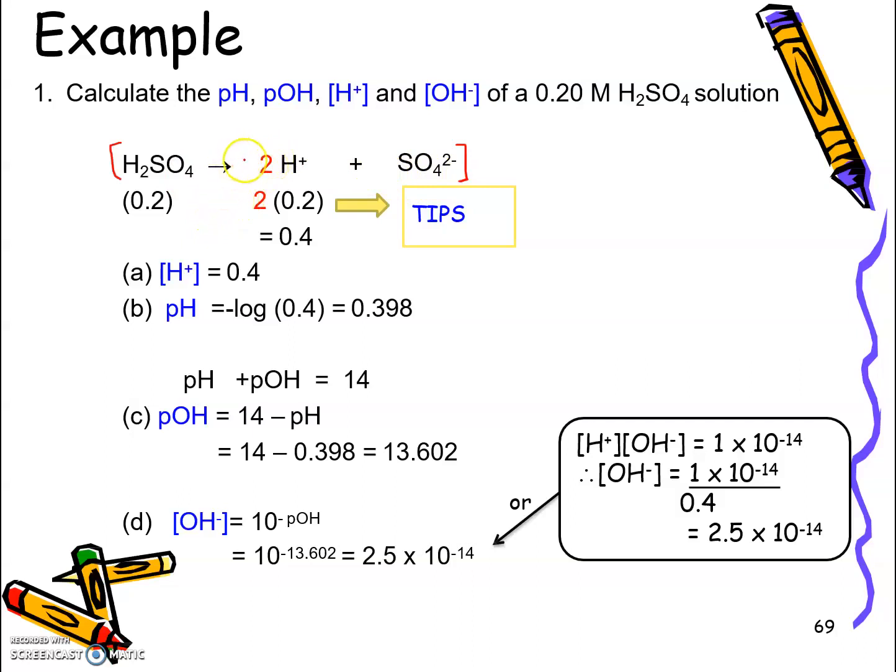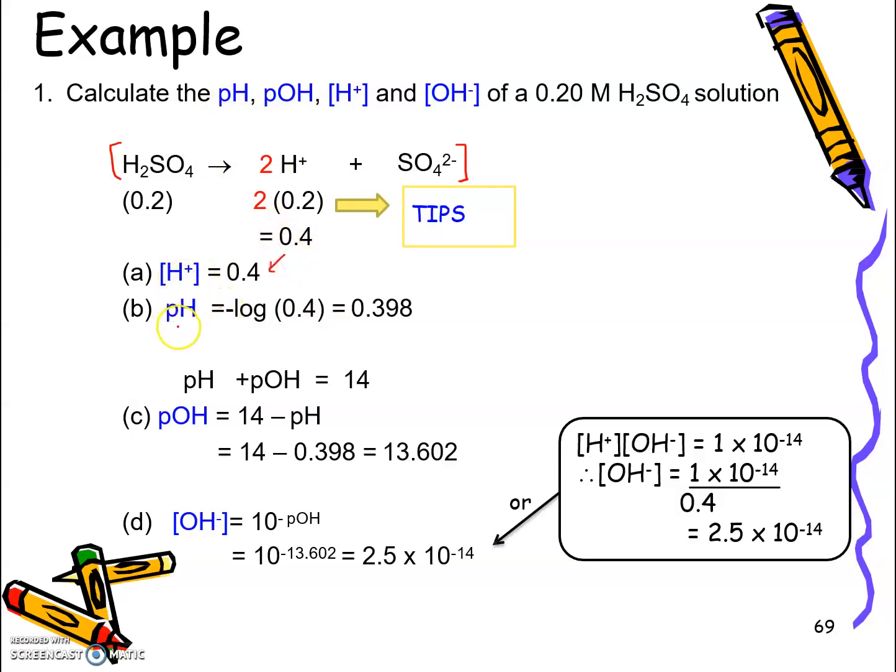To find the pH of sulfuric acid, there are 2 moles of H plus from the molarity of sulfuric acid, 0.2. So concentration times 2, the concentration of H plus is 0.4.